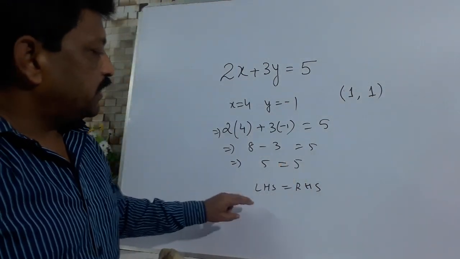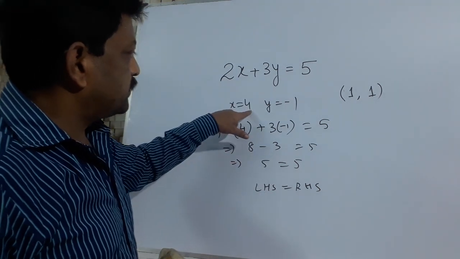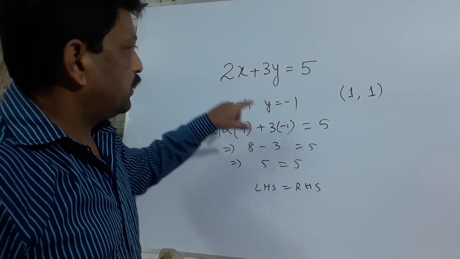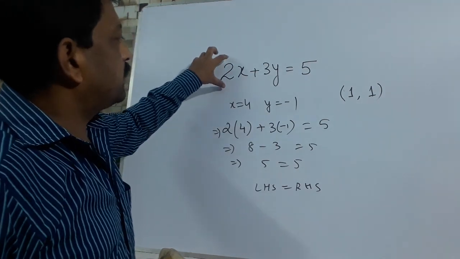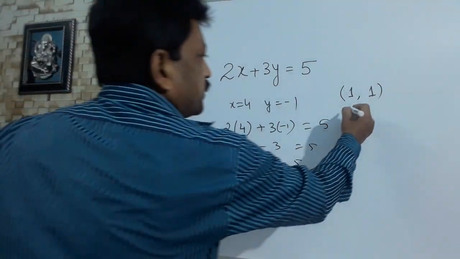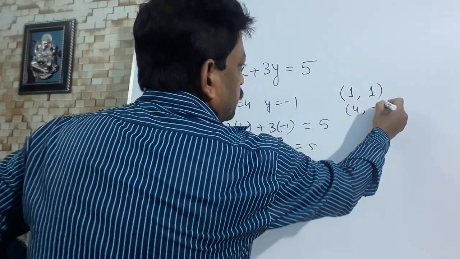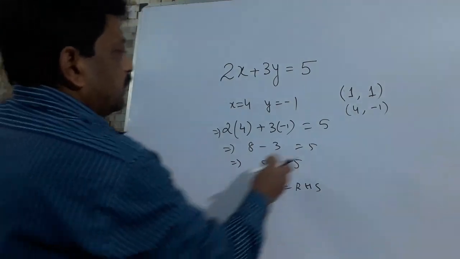Therefore, here also we are getting LHS and RHS equal. That means the values of x and y, that is 4 and minus 1, is also satisfying this equation. Therefore, we can say that 4 and minus 1 is also the solution of this equation. Are you getting it? Nice.